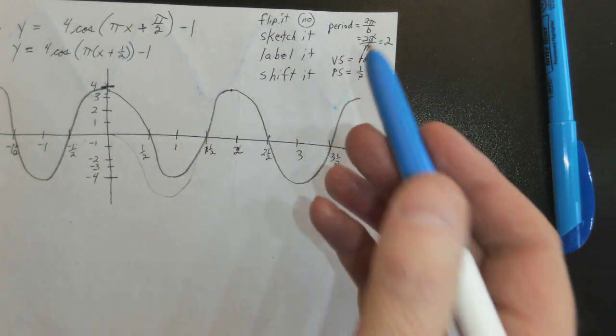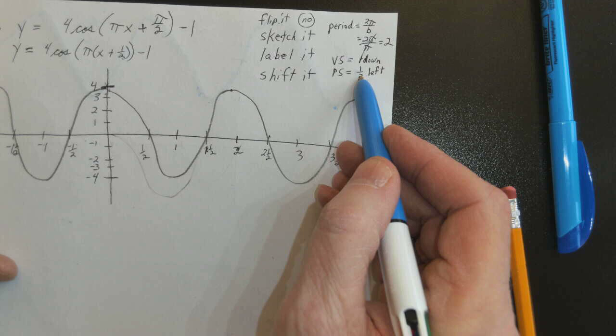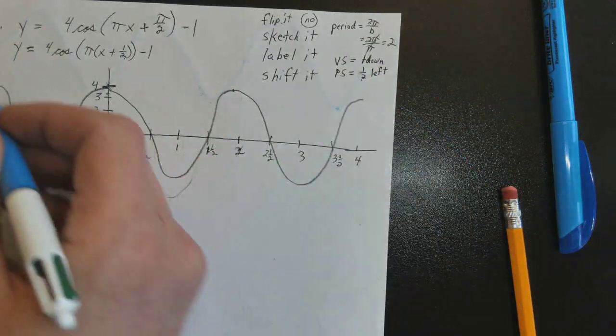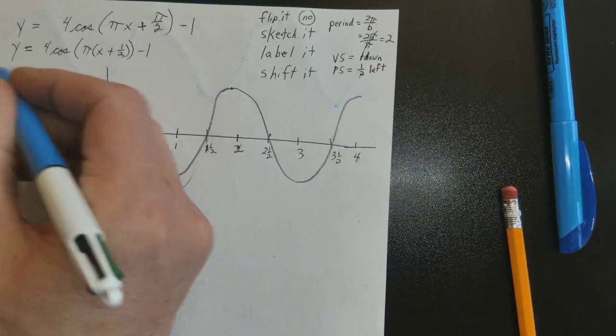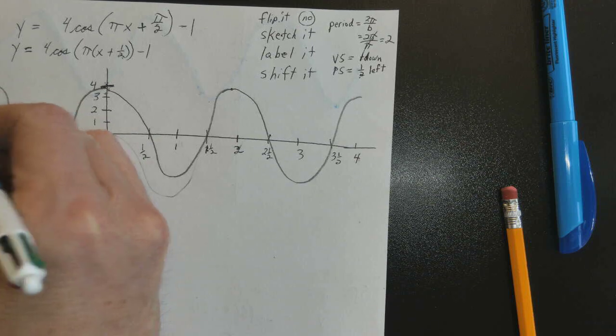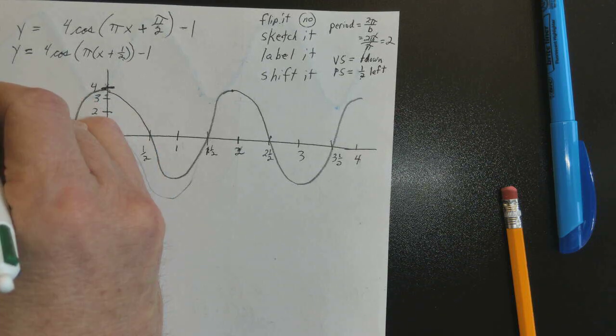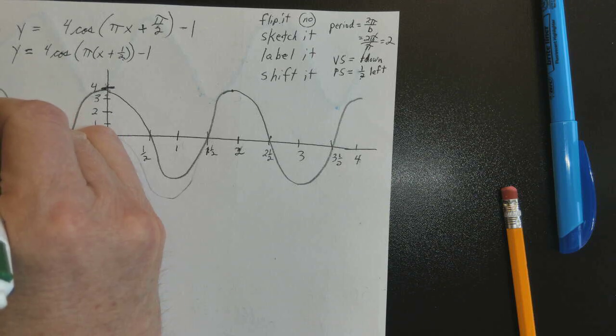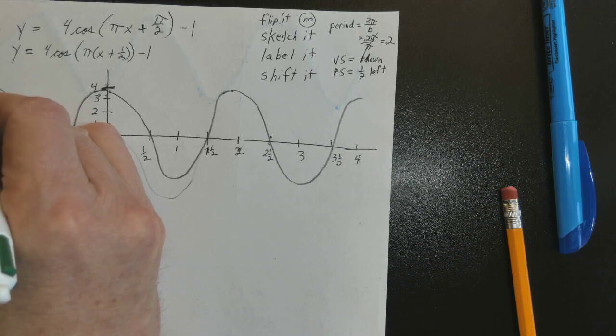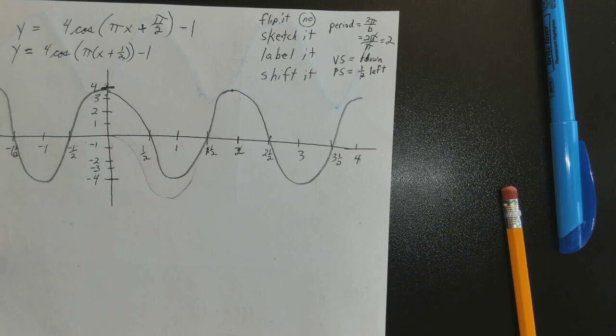So we're going to take each tick mark, we're going to go 1/2 left and 1 down. This point right here, -2 1/2. 1/2 left, 1 down to 3.